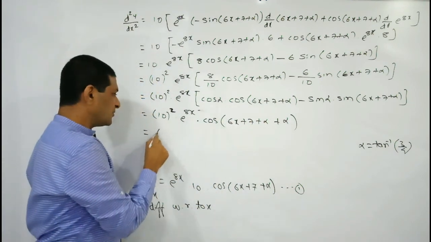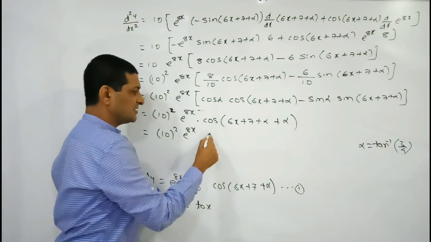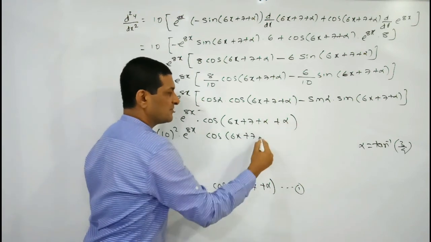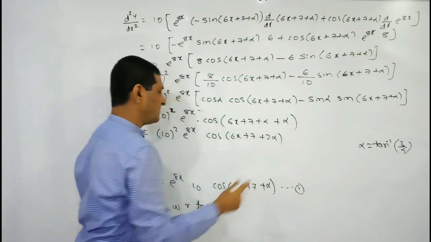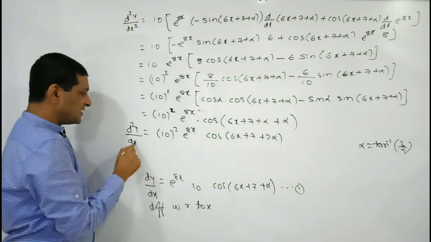So this is equal to 10 square, keep it as it is, into e raised to power 8x also as it is, into cos of 6x plus 7, alpha plus alpha will be twice alpha. In this way we have got the value of d2y upon dx square.